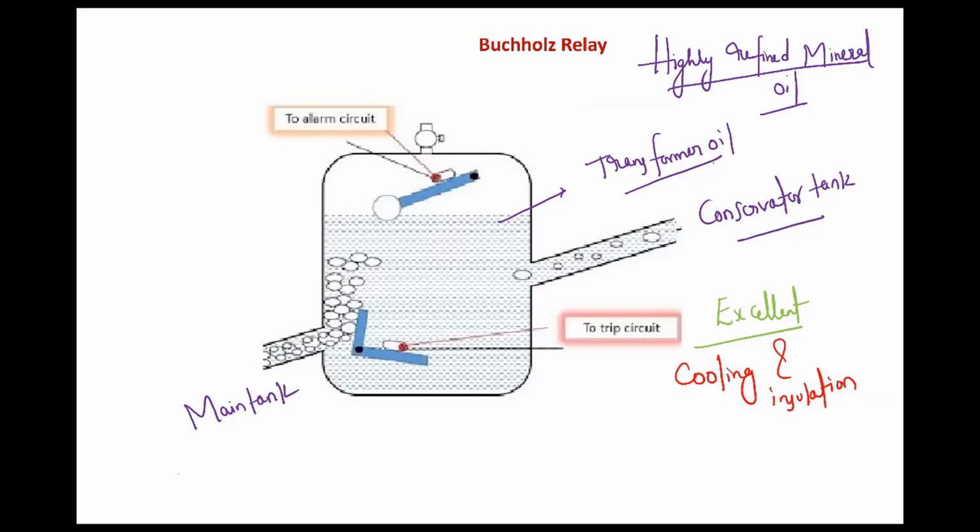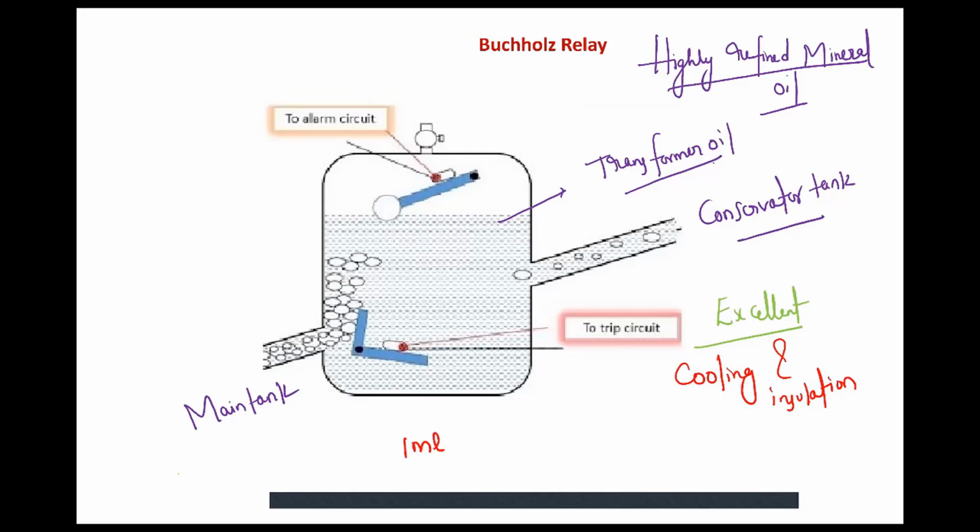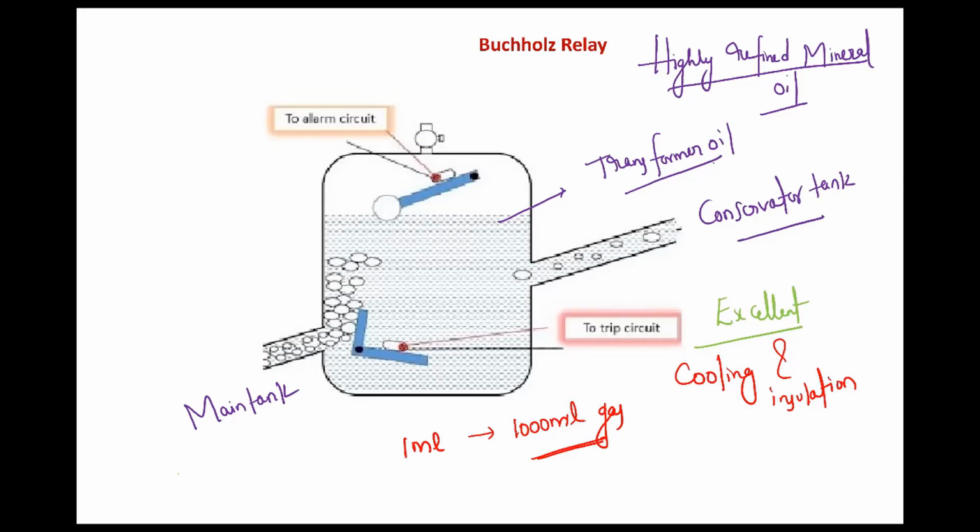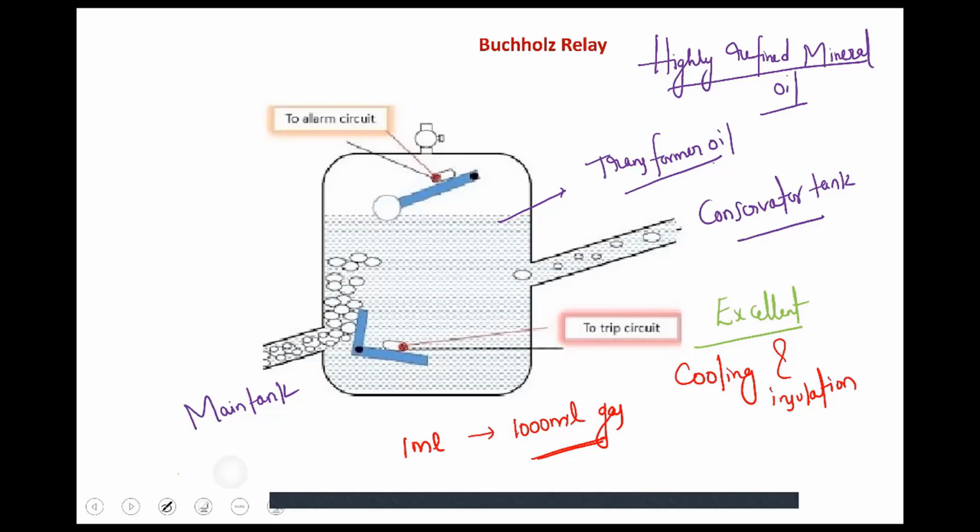For 1 ml of transformer oil evaporation, it will produce 1000 ml of gas. If 1 ml of transformer oil gets evaporated, converted from liquid state to gaseous state, it will produce 1000 ml of gas. In that 1000 ml of gas, 70% is hydrogen.